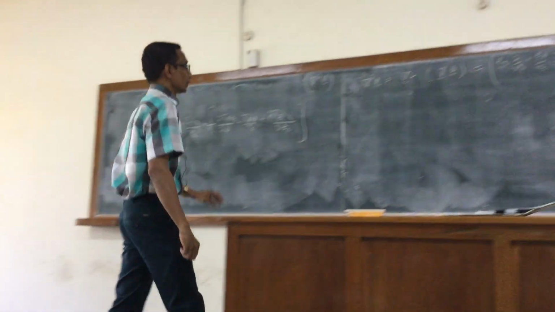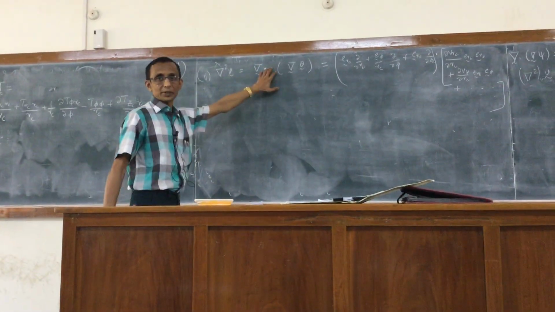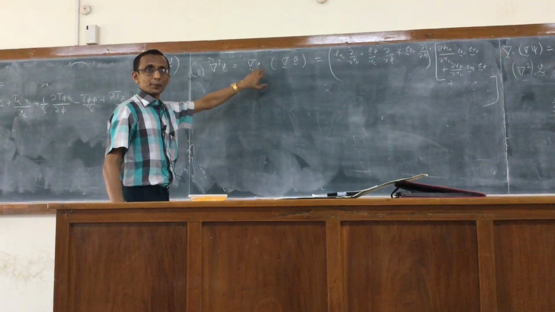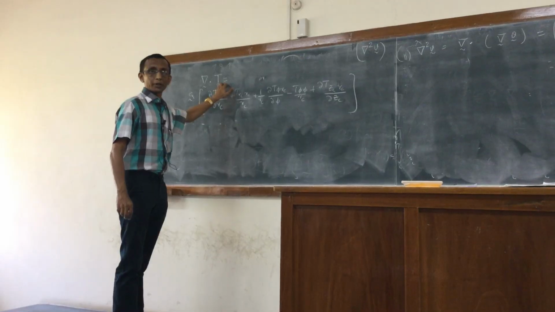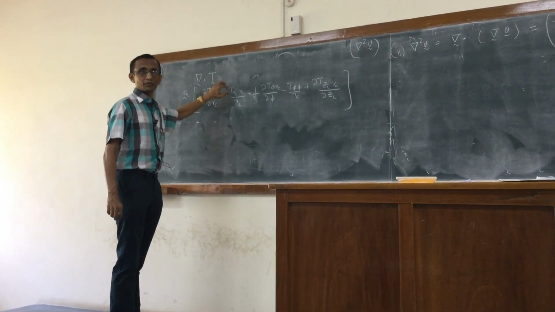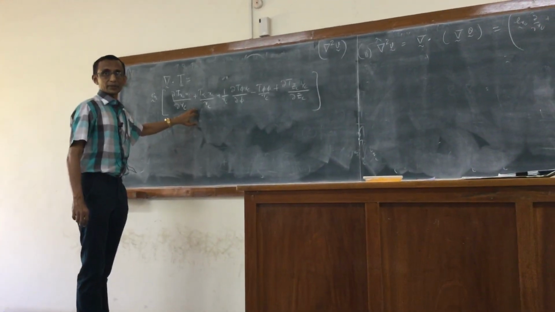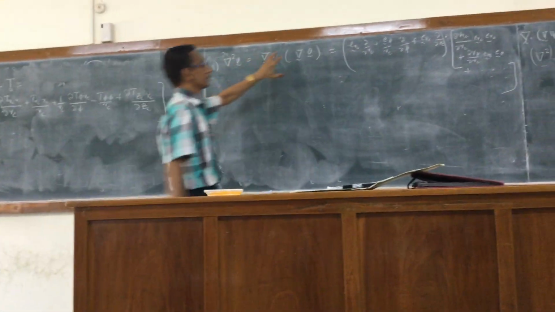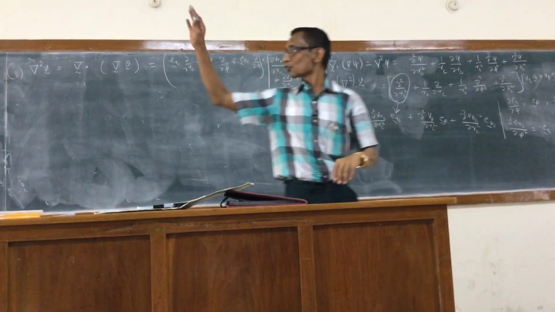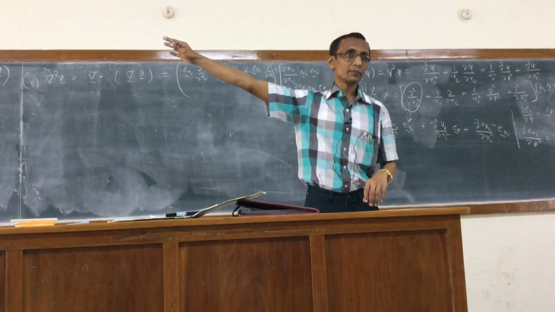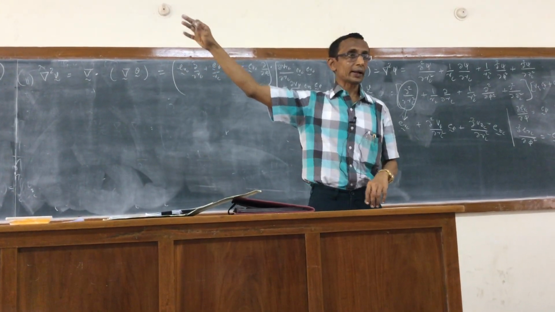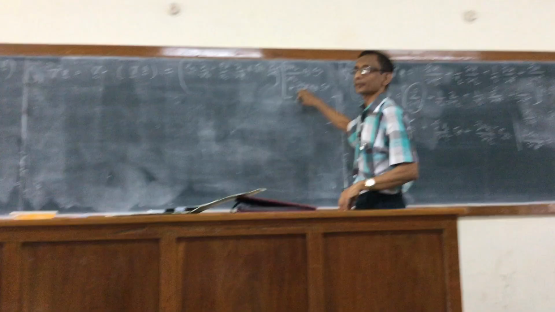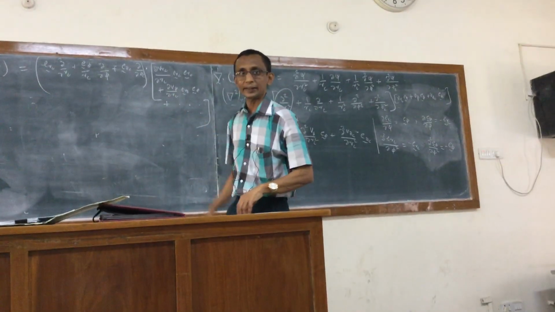Now a third method, which is just a specialization of this, comes from the fact that I already have told you or pointed out how to calculate the divergence of a tensor. Right? Since this is also a tensor, I can directly use those formulae, provided I can identify the components of the tensor with those of the velocity gradient tensor.